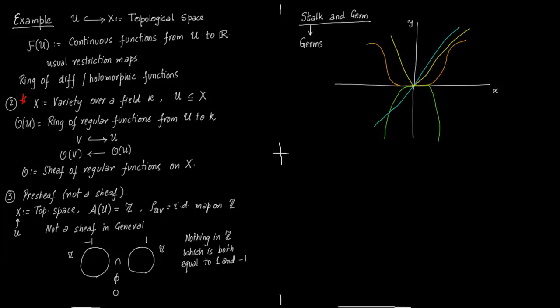So we need to decide which of these functions lie in the germ around 0, around the origin. Now first notice that all functions take value 0 at 0.